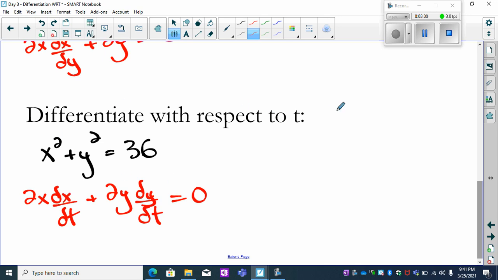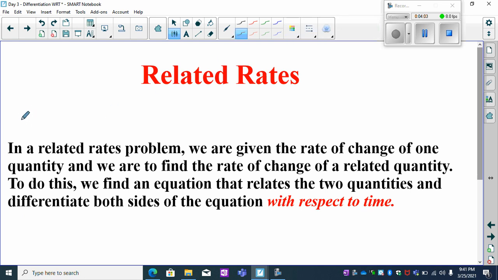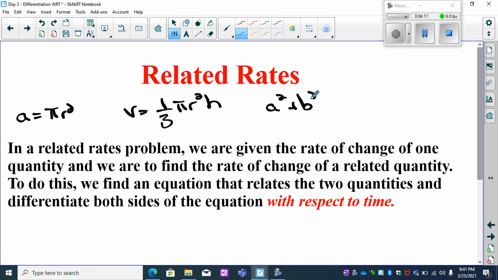This right here, differentiating with respect to time, is going to lead into related rates. Now this will be a lesson for the next video. We'll start exploring related rate problems. But in a related rate problem, you're given the rate of change of one quantity, and you're asked to find the rate of change of another quantity. The two quantities will be related by a specific formula, so some common ones you'll see are the area of a circle, the volume of a cone, or the Pythagorean theorem.